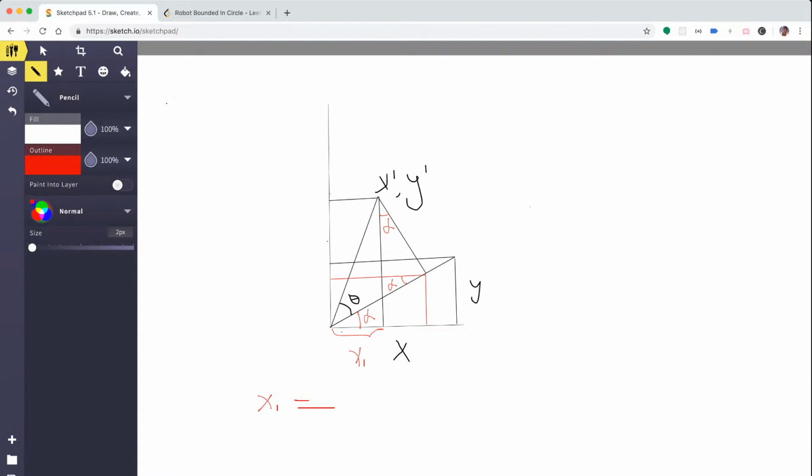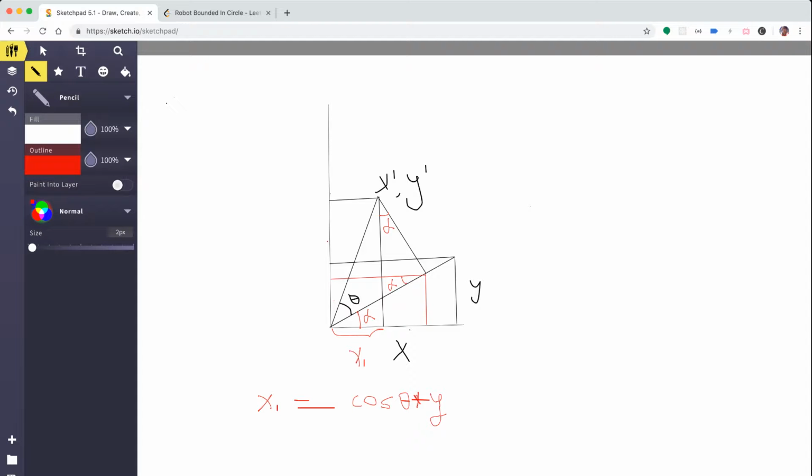It involves sine alpha, and because we're at the unit of 1, it's y. So this length is cosine theta times y.